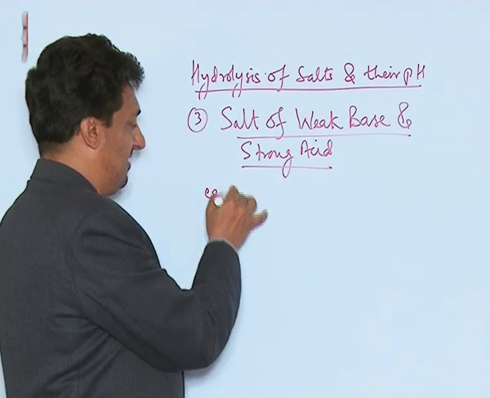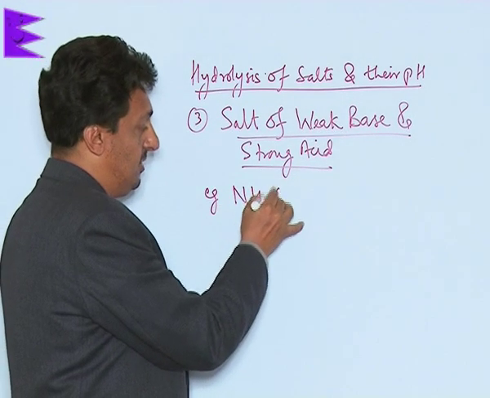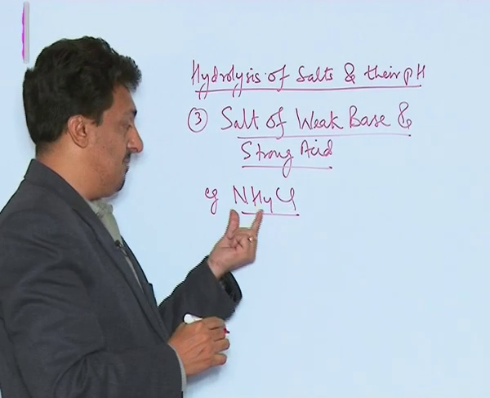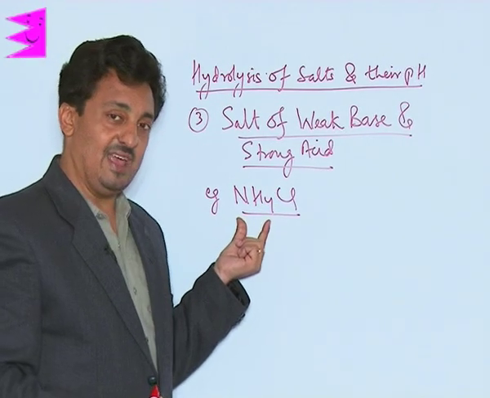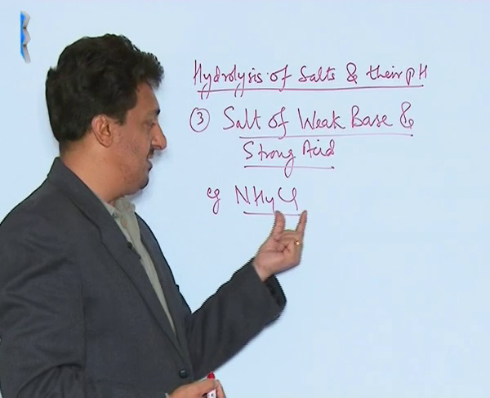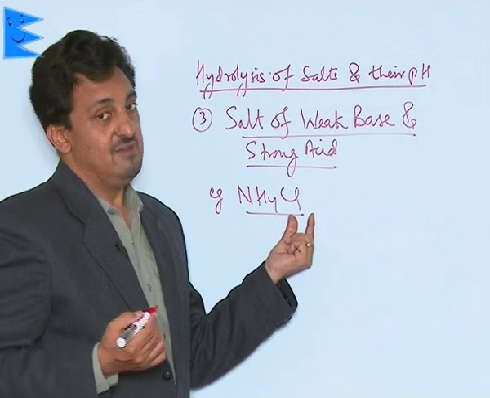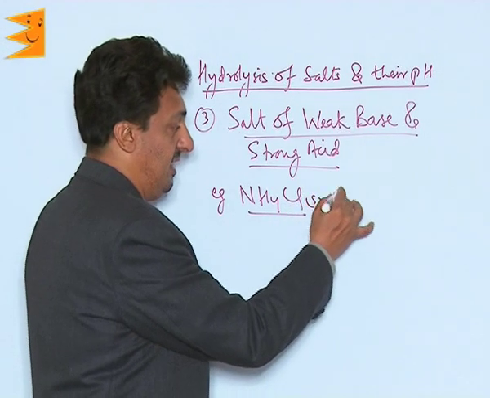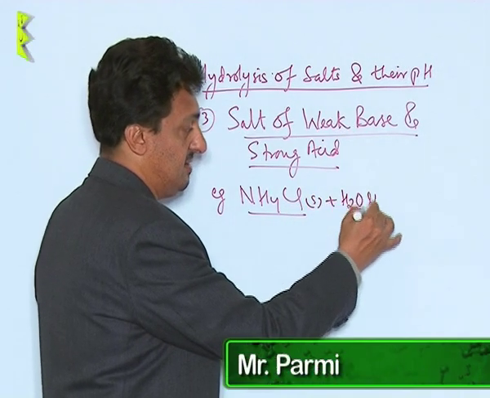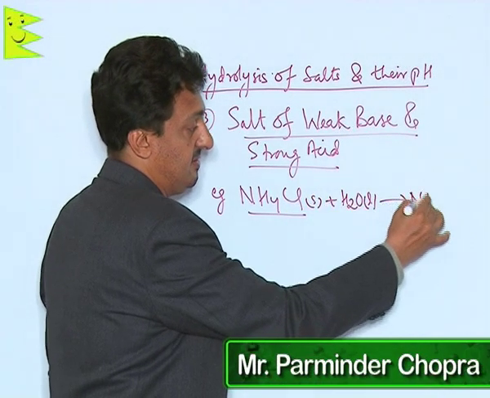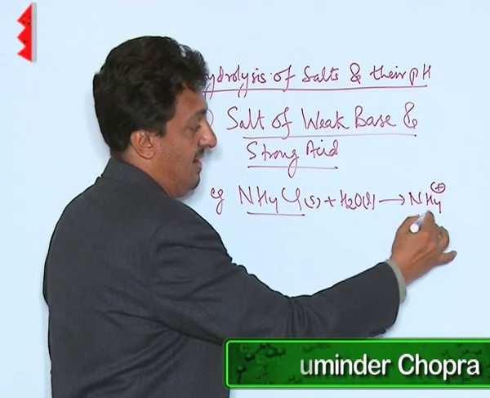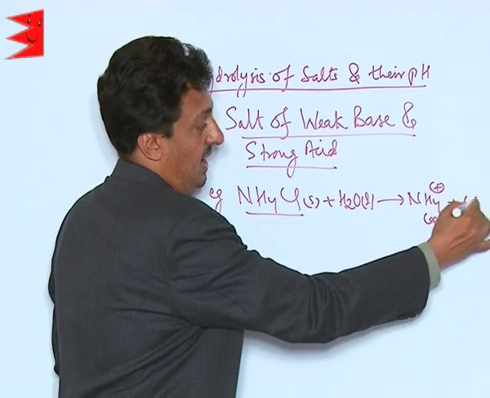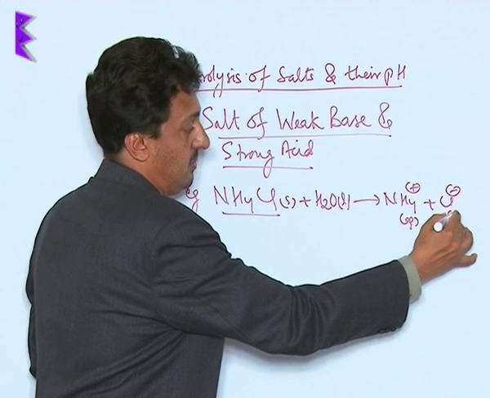The best example of this is your ammonium chloride, because ammonium is from ammonium hydroxide, which is a weak base, and your Cl is from your HCl, which is a strong acid. Now, when this type of salt is added to water, it gives ammonium ion aqueous and Cl minus ion aqueous.